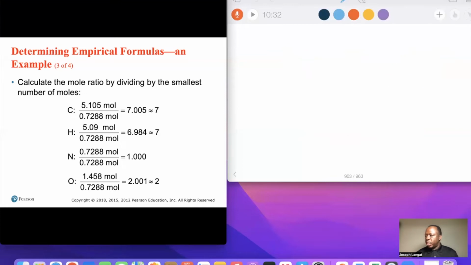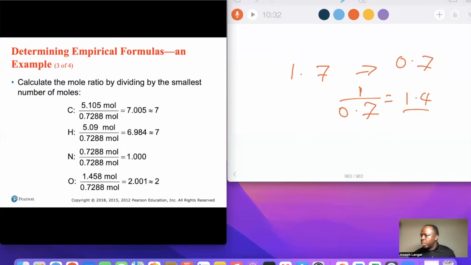If I have, let's say, 0.7, for example, it's going to be 1 over 0.7. If I use my calculator, 1 divided by 0.7 is giving me 1.4.